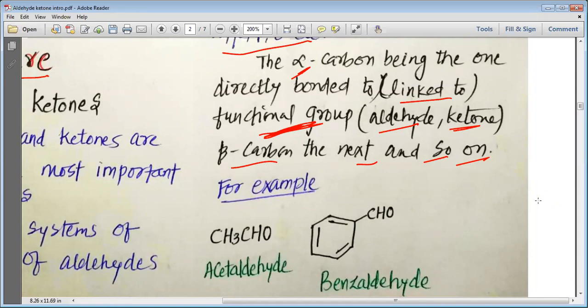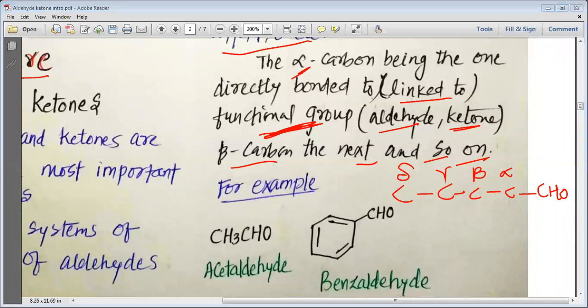For example, if we have a CHO group, then we may have various carbons, and these various carbons are called alpha, beta, gamma, delta. This is how we give the name according to the common name system, my dear students.